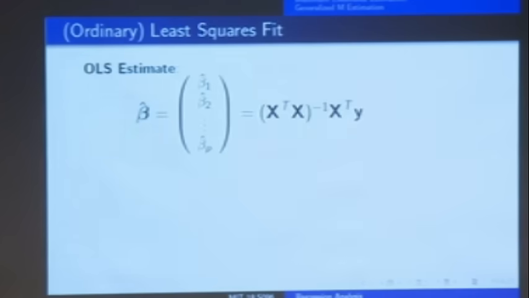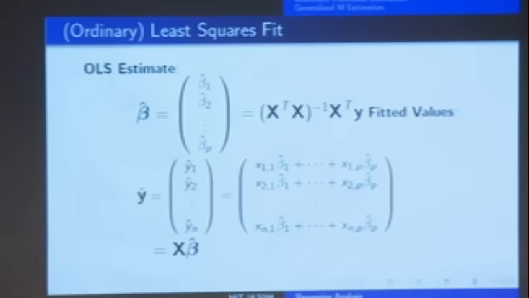All right. Now, if we plug in the value of the solution for the least squares estimate, we get fitted values for the response variable, which are simply the matrix x times beta hat.